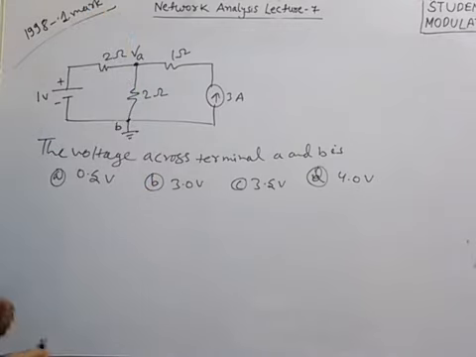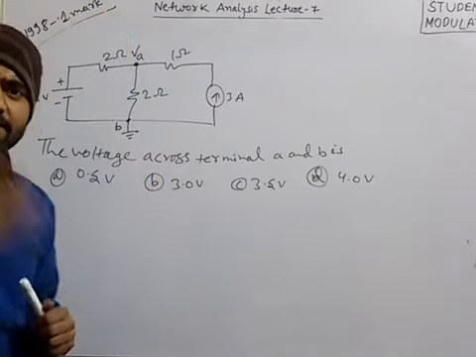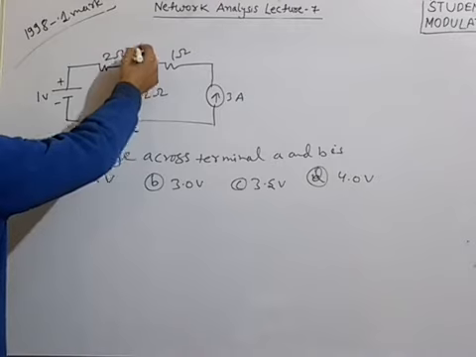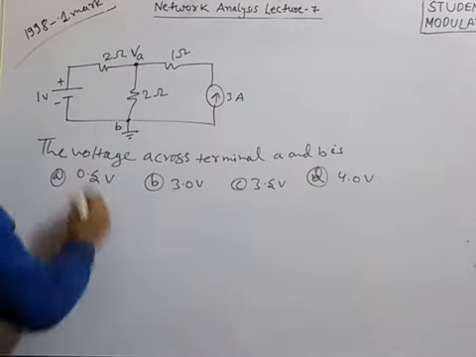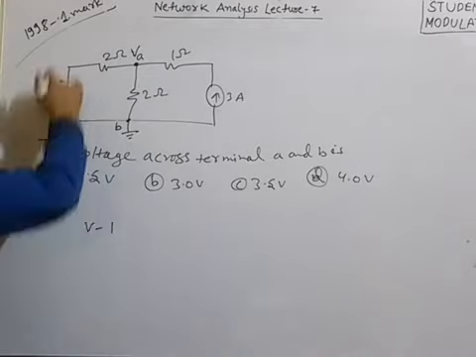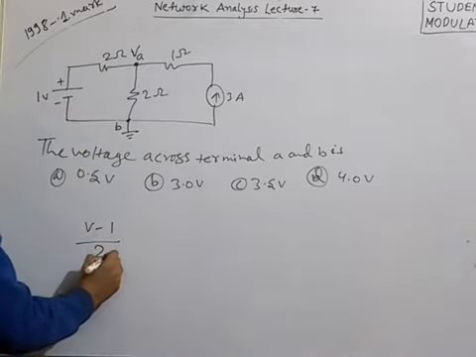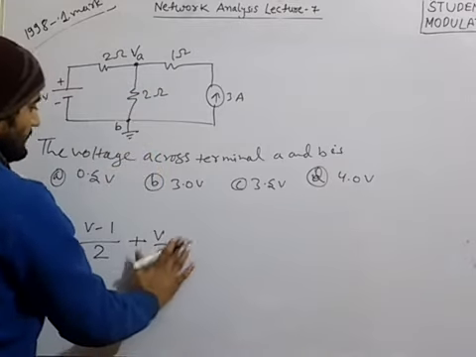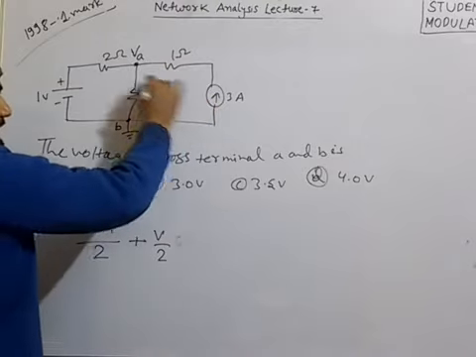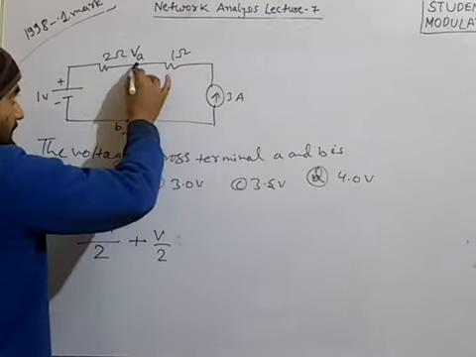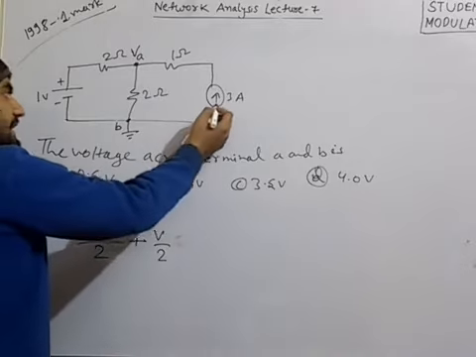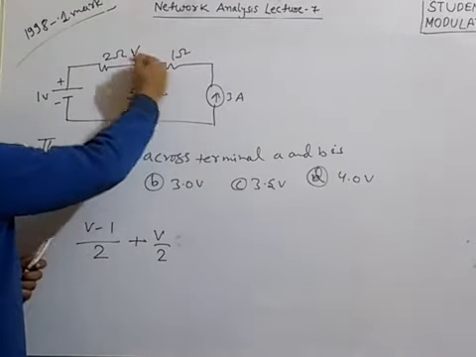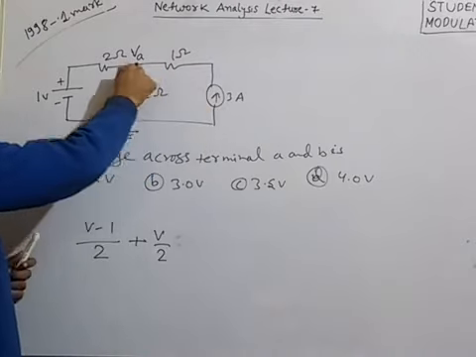The next step is to write the KCL equation at the nodes. So this is the node that we have left, and we will write the KCL equation at this node. So V minus 1 voltage drop divided by resistance 2, plus V upon 2, plus, in this branch, instead of writing the current value, we can easily see that this 3 ampere is coming inwards towards this node.